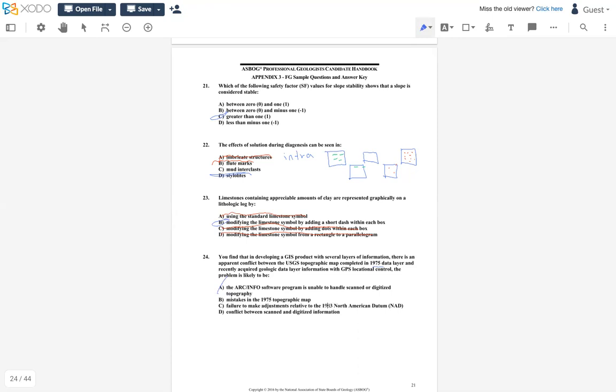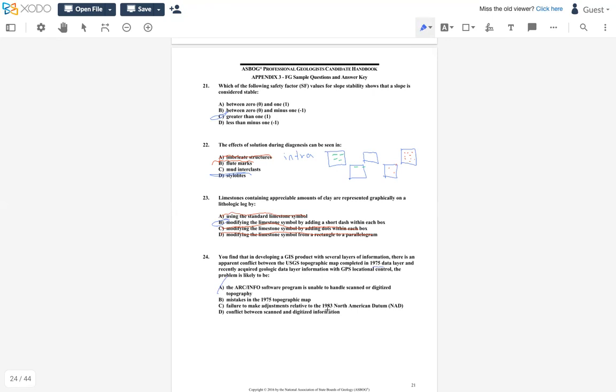C looks very interesting because if you think about it, if this is completed in 1975 and we are not readjusting to the 1983 North American datum, which is going to correct distortions, you would still be able to georeference, but there's still going to be an issue there. And I think the disconnect here, I think this is important, the 1975 and the 1983, you don't even really need to have a lot of GIS background to answer this question.